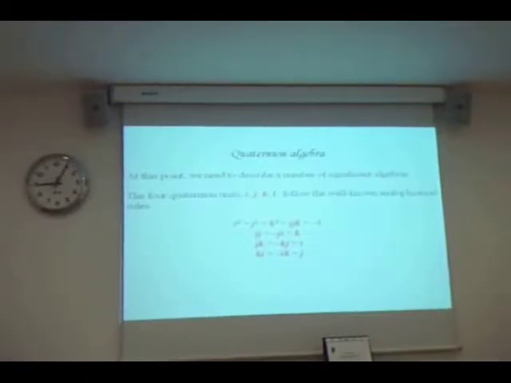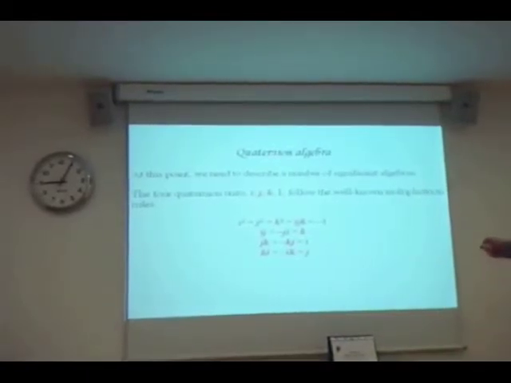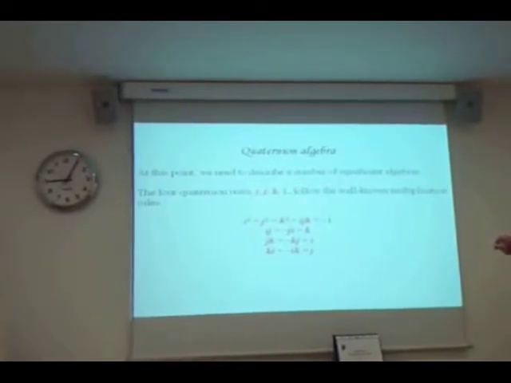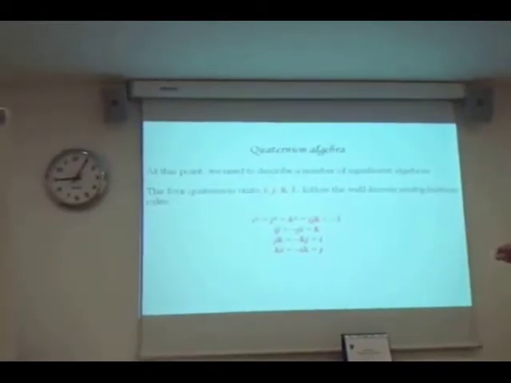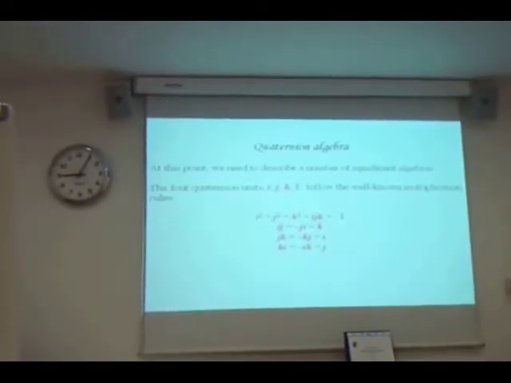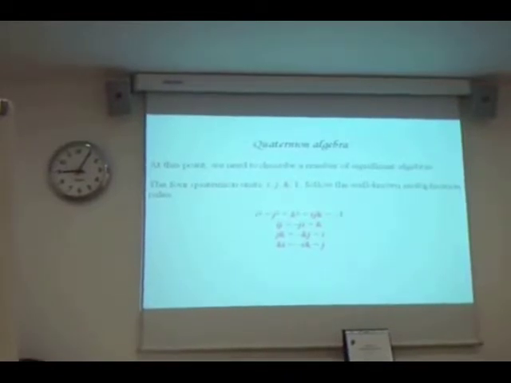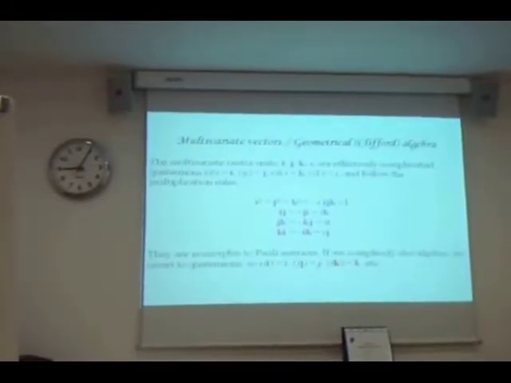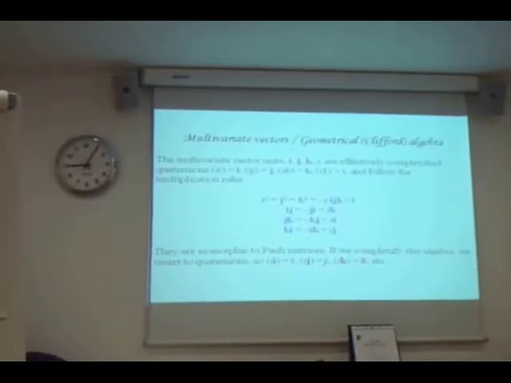So here we need a little bit of algebra, a standard algebra. This is the quaternion algebra, and these quaternion units follow this algebra. They're anti-commutative, and cyclic, and they square to -1. Now, what we want to do now is complexify that.